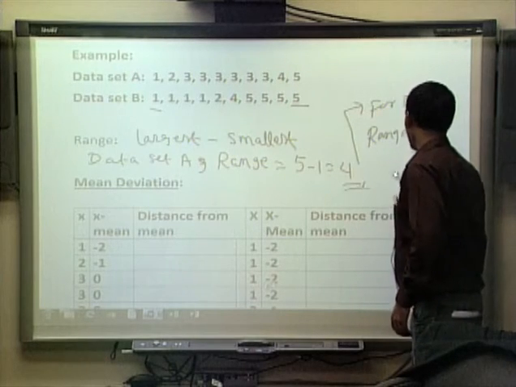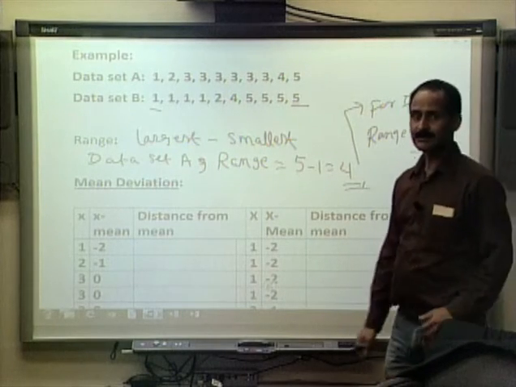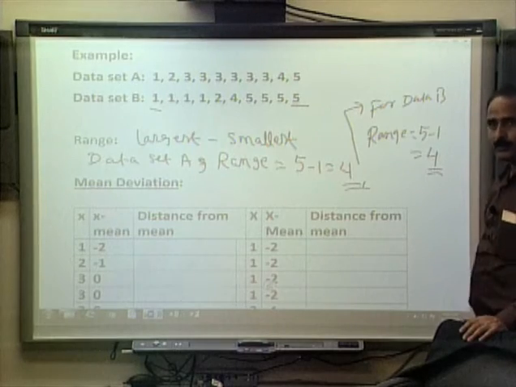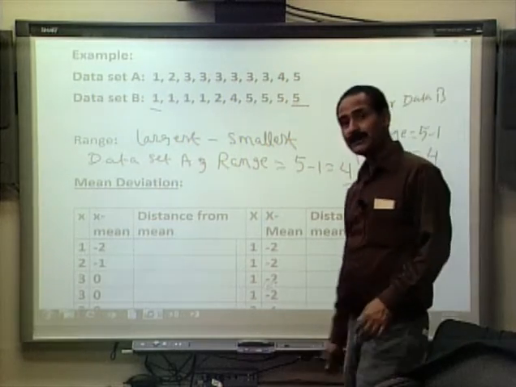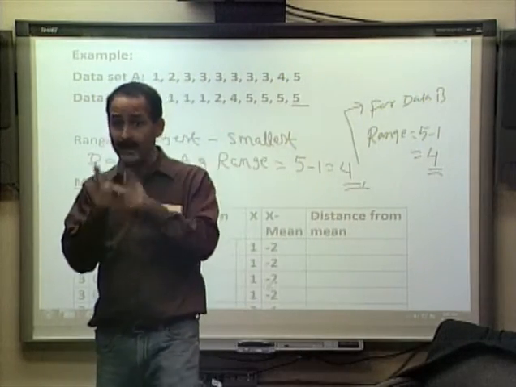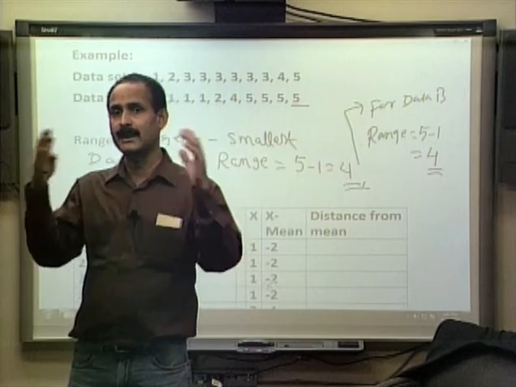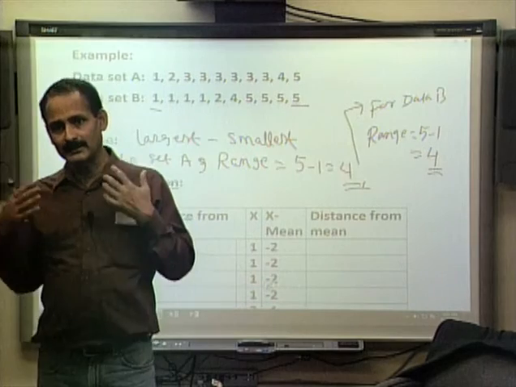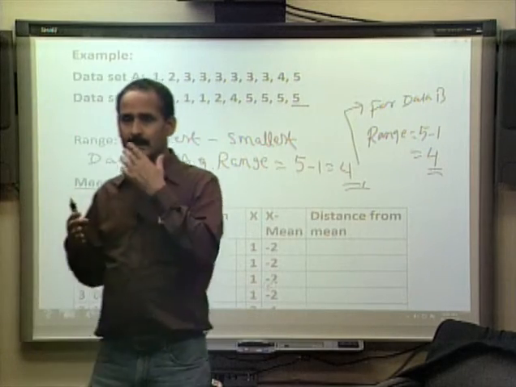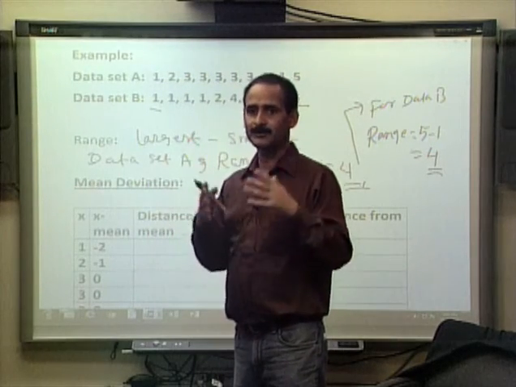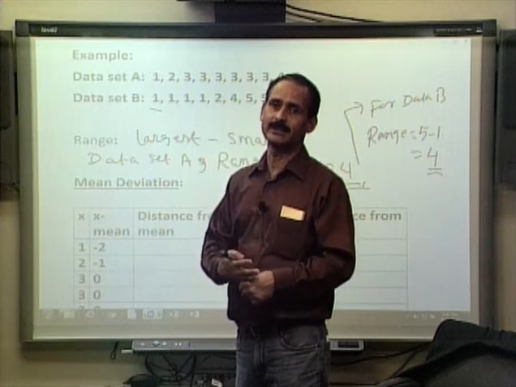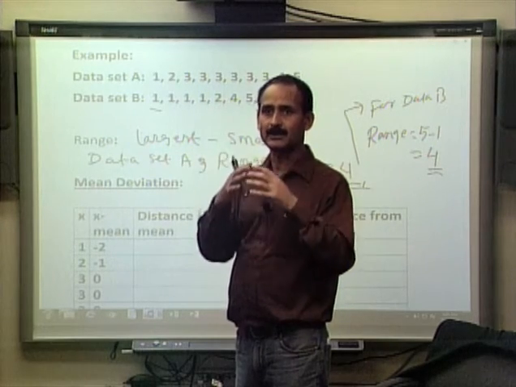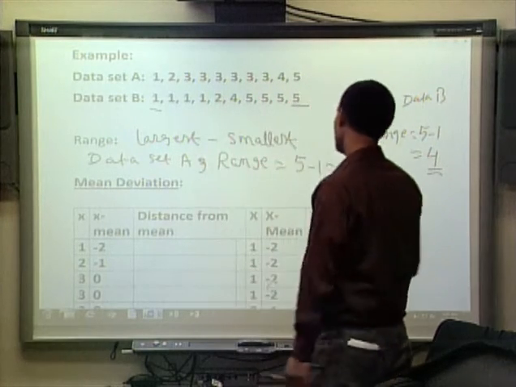Just looking at the range, both of them are 4, so we might say the two data sets have the same variability, the same spread. However, that is not true. So range is a measure of spread, but it is not a good measure. It does not capture the real variation.